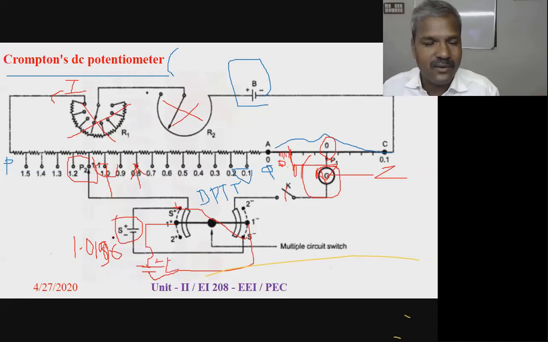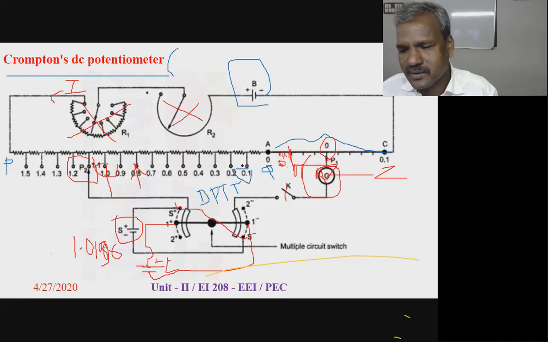For the unknown EMF, I placed P2 and I am moving this slide wire and I placed it at this position. Can you tell me what is the value here? This is 1.1 volt. This is 0.1, 0.01, 0.02, 0.03, 0.04, 0.05.